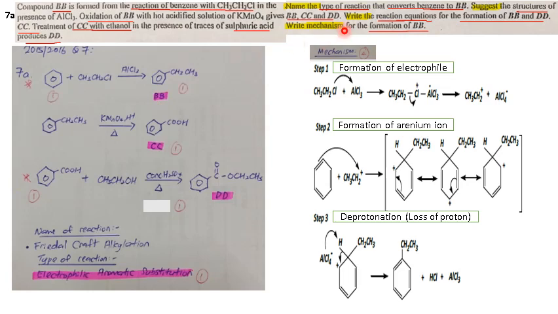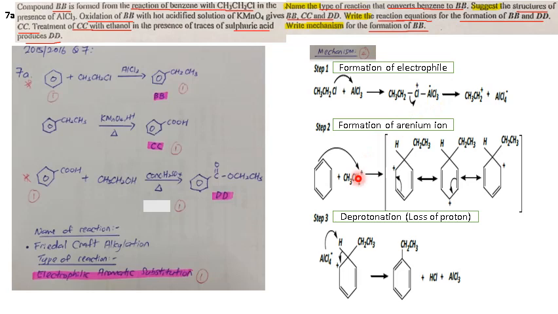Okay, next, write the mechanism for the formation of BB. The formation of BB is actually the mechanism of Friedel-Crafts alkylation of benzene. So the type of reaction is electrophilic aromatic substitution. Step 1, formation of the electrophile. The haloalkane is polarized by the catalyst to form an electrophile.